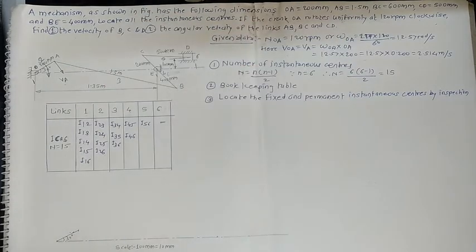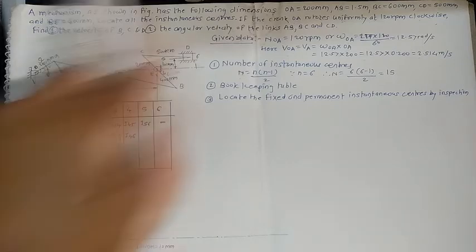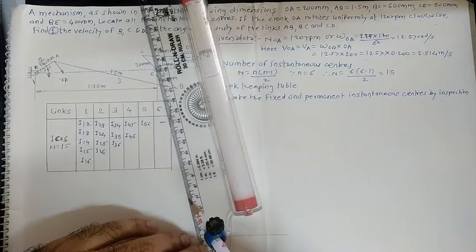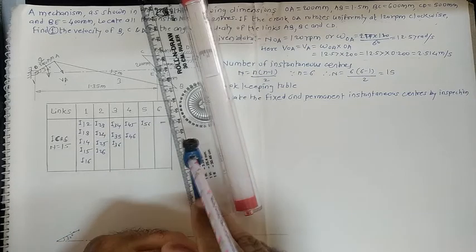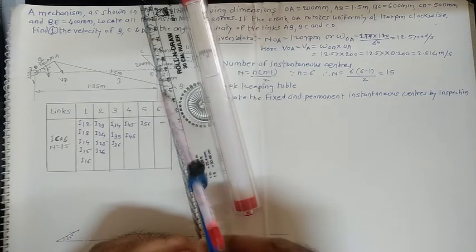Take that 1.5 distance in the compass and mark it there, so that we can complete the remaining diagram. Keep the pointer of the compass here, and take the 15 centimeter distance in the compass.